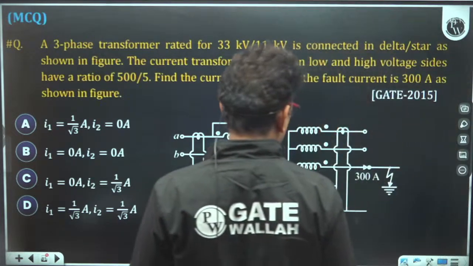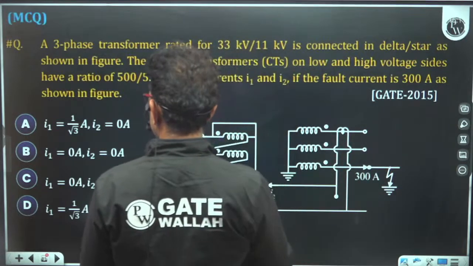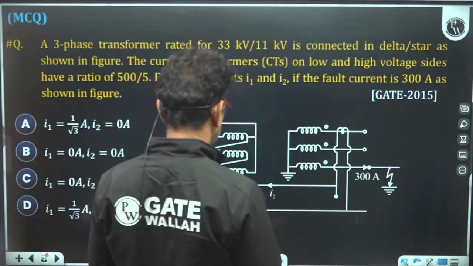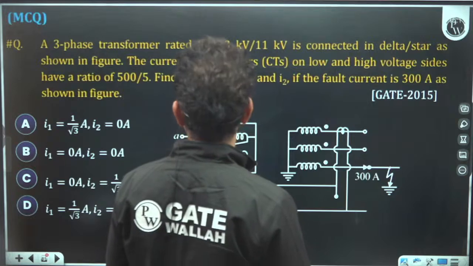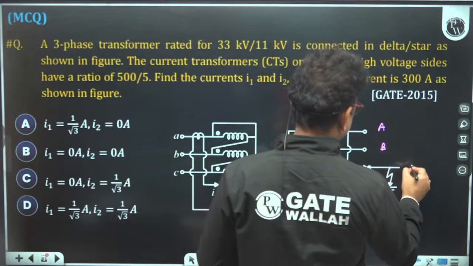See, the fault current is flowing only in the C phase. Take these as capital A, capital B, and capital C.